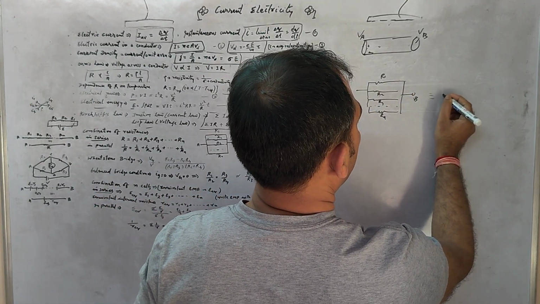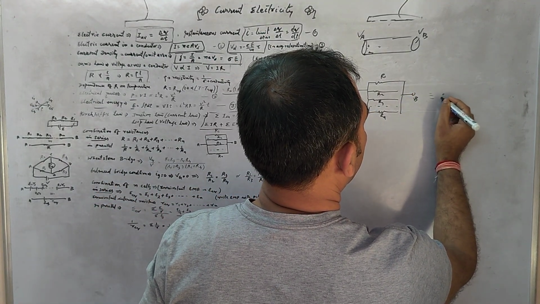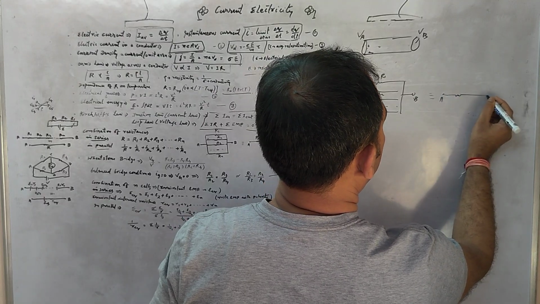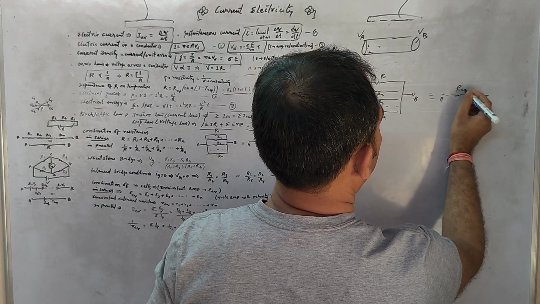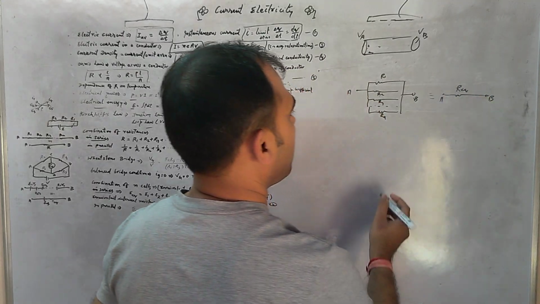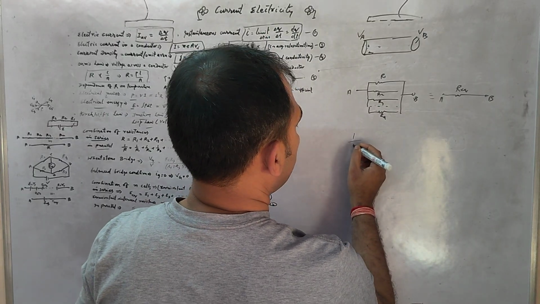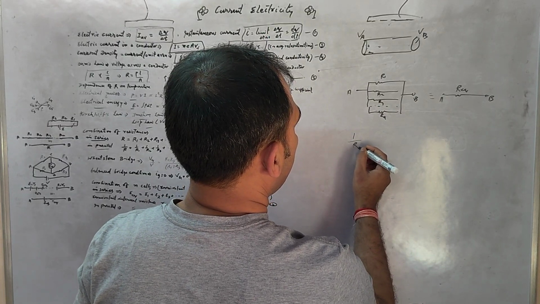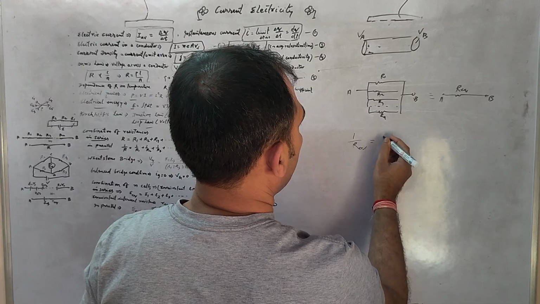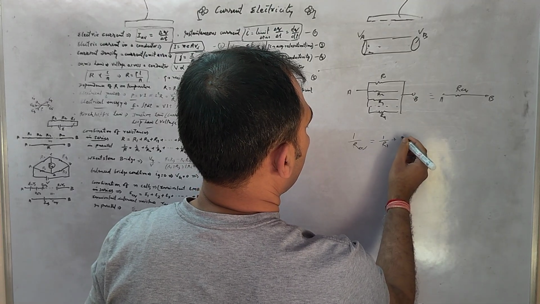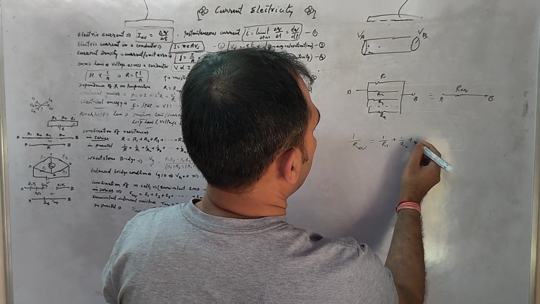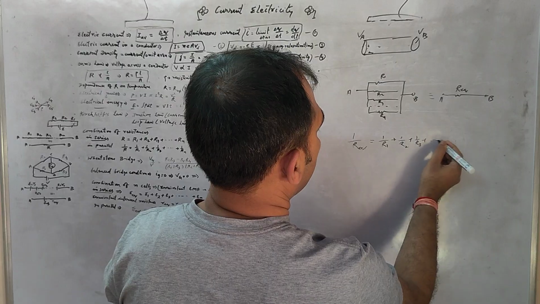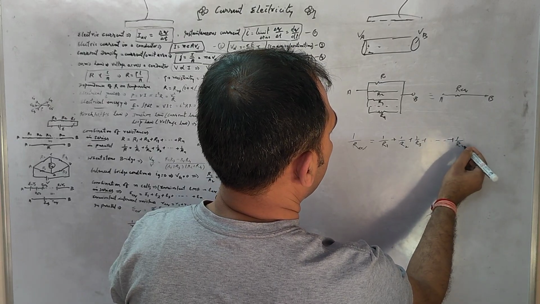So this will be equivalent to A, R equivalent, B. Here 1 upon R equivalent will be equal to 1 upon R1 plus 1 upon R2 plus 1 upon R3 plus so on plus 1 upon Rn.